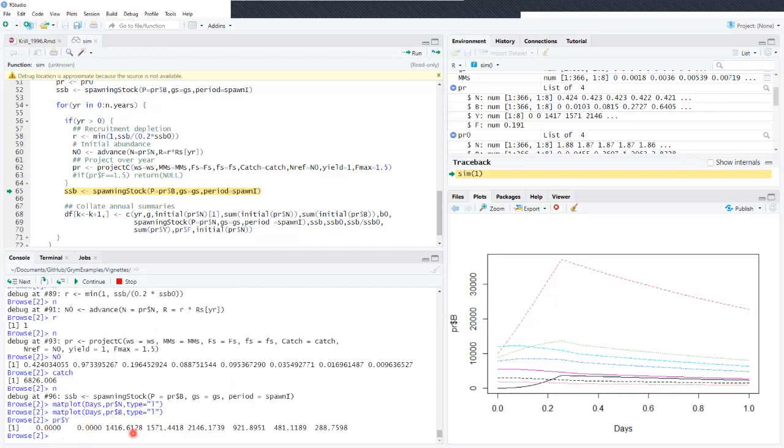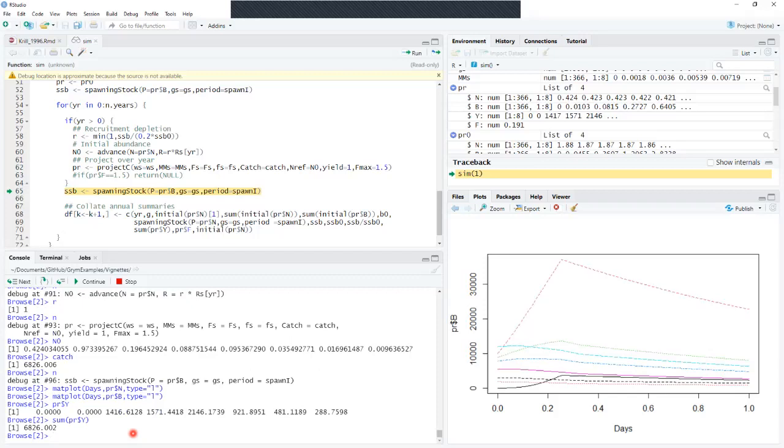And then the selectivity starts to increase, and so the later age classes contribute more, but of course they're also dying away, so there's less of them there to contribute. If we look at the sum of that, that's the target catch we were trying to reach. So it's basically selected the F that gives us the target catch.